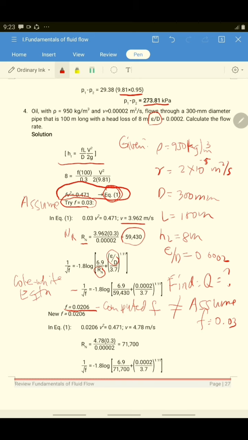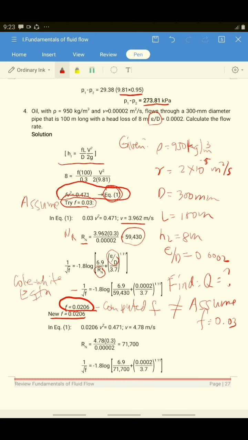So the computed F, we will use this again as our second trial of F. So you have a new trial, F is equal to 0.0206.